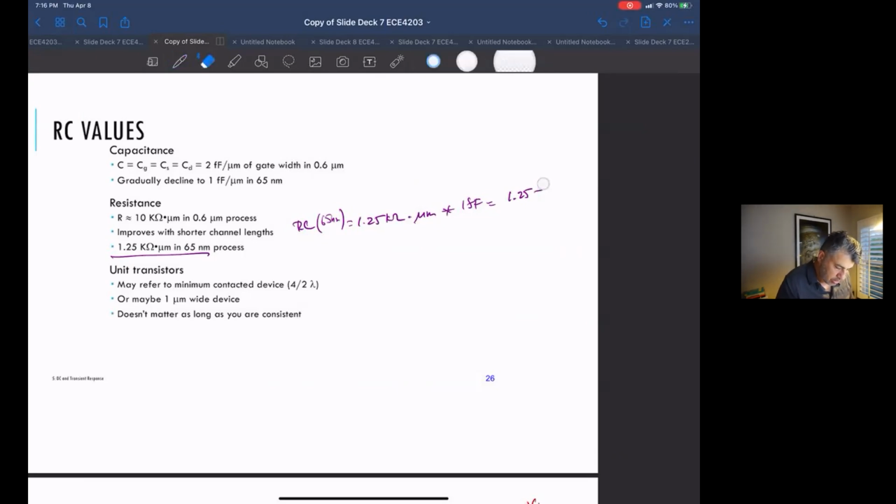And if you remember the RC numbers, if I remember them correctly for our 180 nanometer process, it was 2.75 kilo ohm micron times 2 femtofarads. So that ends up being 5.5 picoseconds.